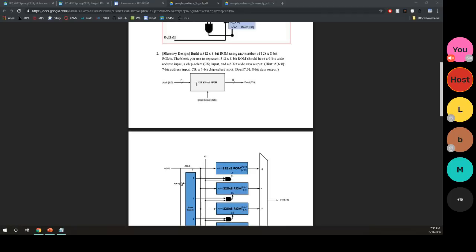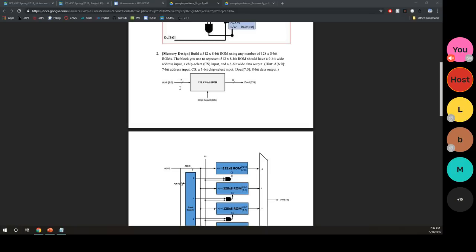Well, that's 7, so 2 to the 7th, or 7 bits, is equal to 128 options. We need 128 options to choose from one of these 128 memory slots inside of this ROM.